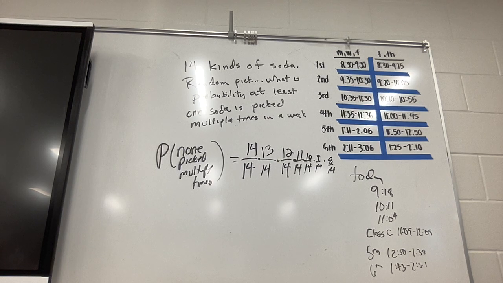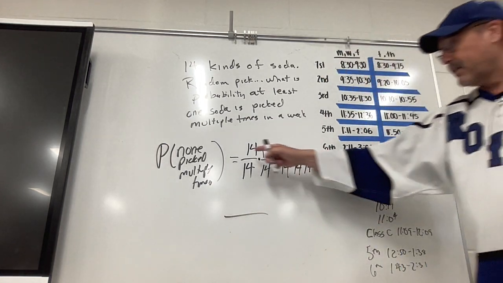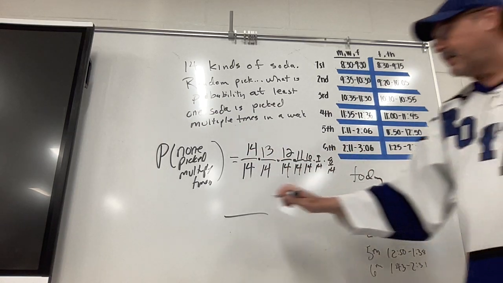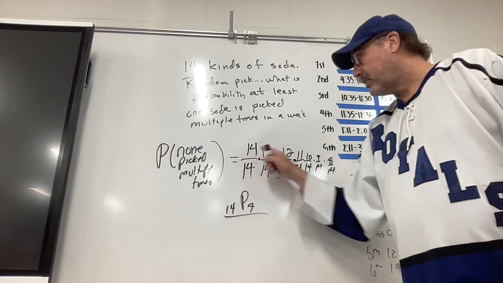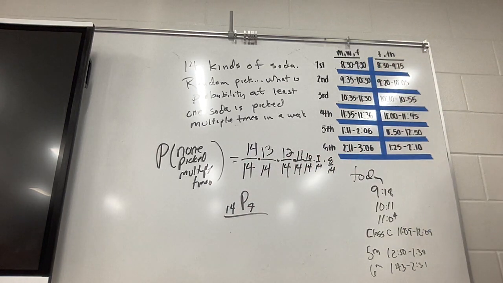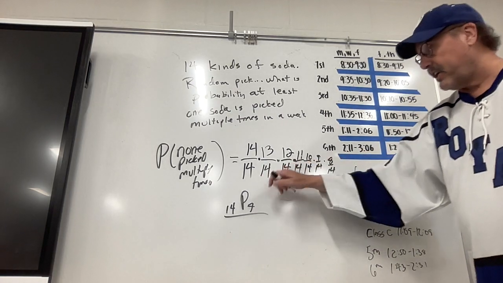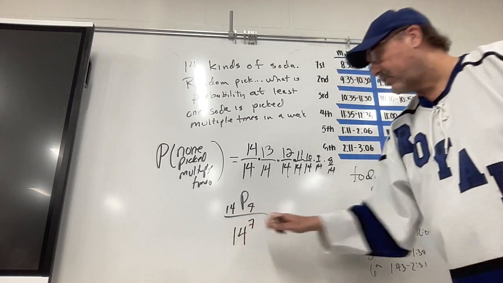Some heads shaking that we're following. All right. So this 14, 13, 12, 11 becomes 14P7. Out of the 14, you're picking 7. And the bottom is 14 times 14 times 14 times 14 times 14, that is 14 to the 7th power.